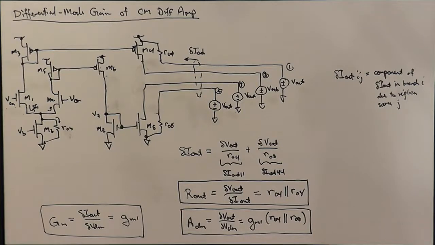And so the kind of approximations that we're making customarily to figure out the differential mode gain conveniently are things that basically completely swamp out or render invisible any of the common mode behavior that's going on.